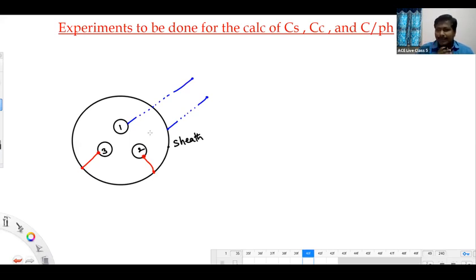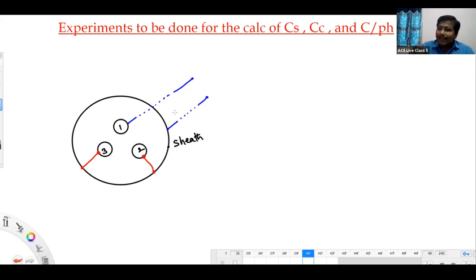Okay. After that, this cable diagram with that connection, what you have done practically, we draw on paper. We keep the CS and CC wherever they are available, and we simplify this equivalent circuit to find the effective capacitance from core 1 to sheath.